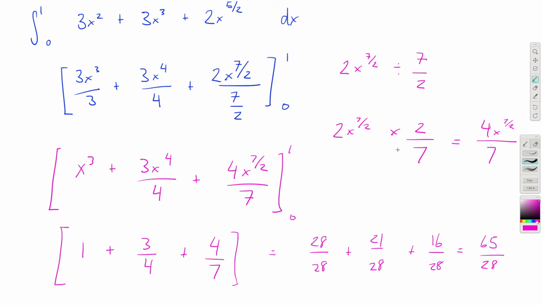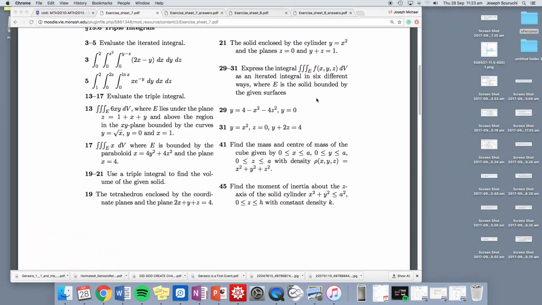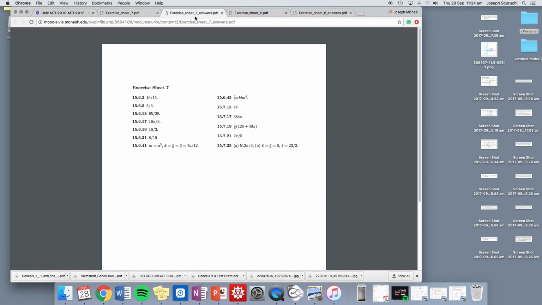So, man, simple maths is my Achilles heel. That should be the answer, 65 on 28. Oh, you might be able to simplify that. 65 on 28, you did it.